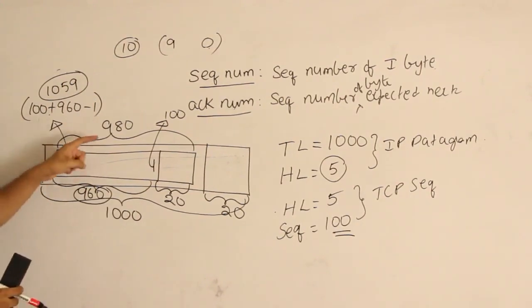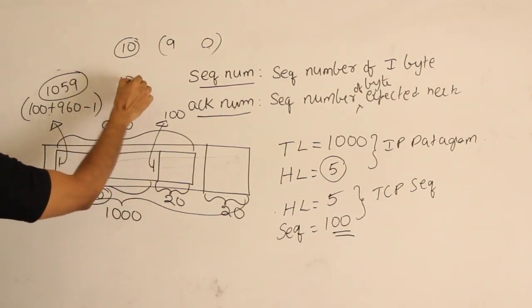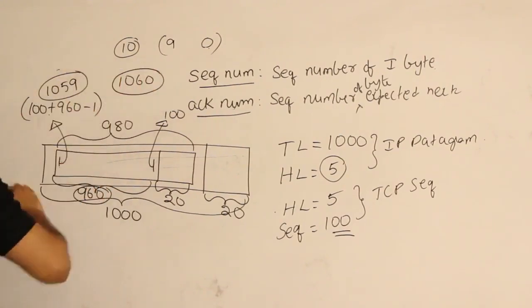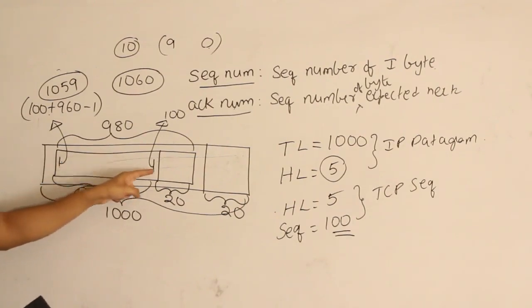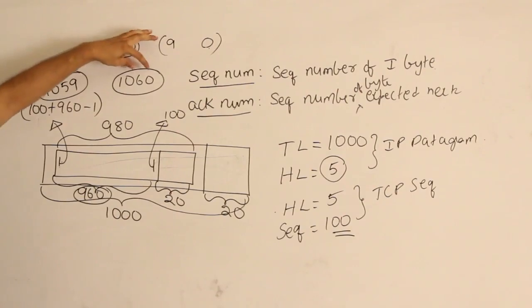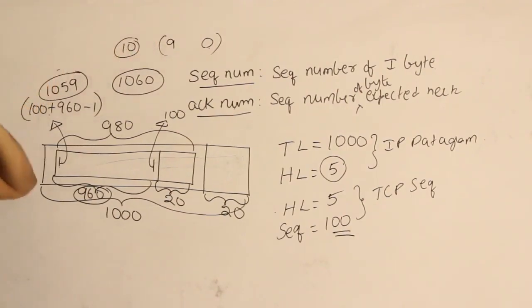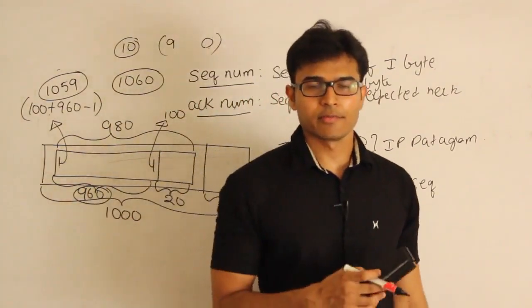If you have received bytes from 100 to 1059, then what is the next byte that you are expecting? 1060, right? So this is the answer. That is how the receiver will calculate the acknowledgement number.